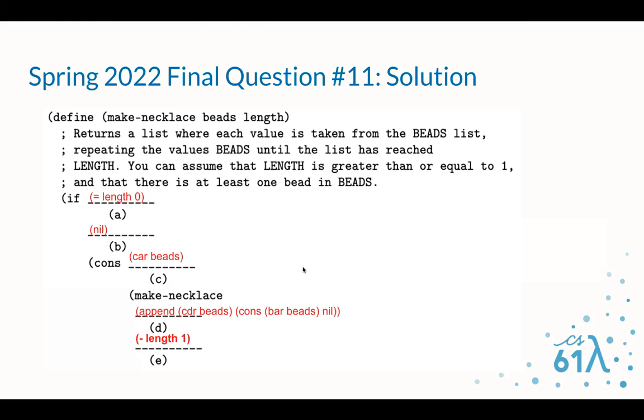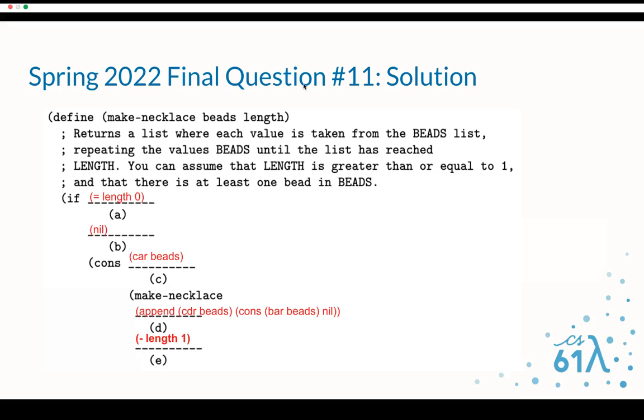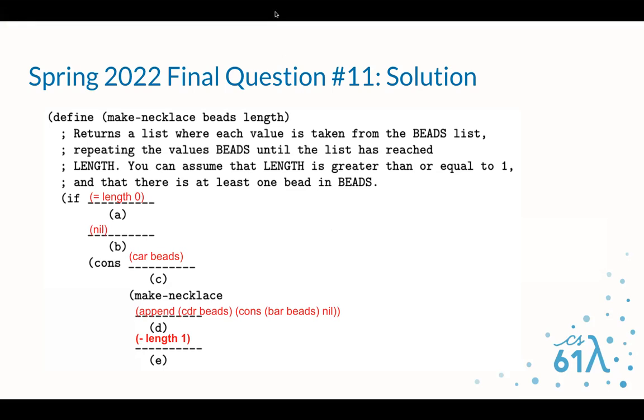Yeah, bar is supposed to be car. Why are we calling on nil?